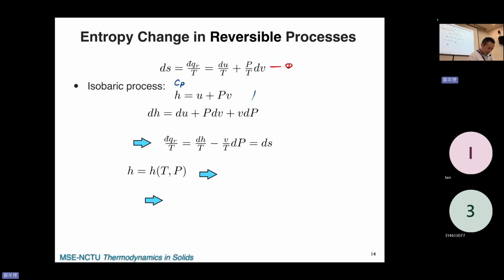So again, review: equation 1, page 14. You have H equal to U plus PV, the definition of H. So the change of H is dU plus P dV plus V dP. And this part, let's take a look. Do you think this is the đQ_R?